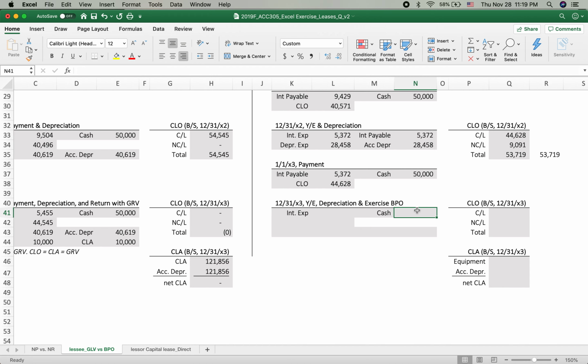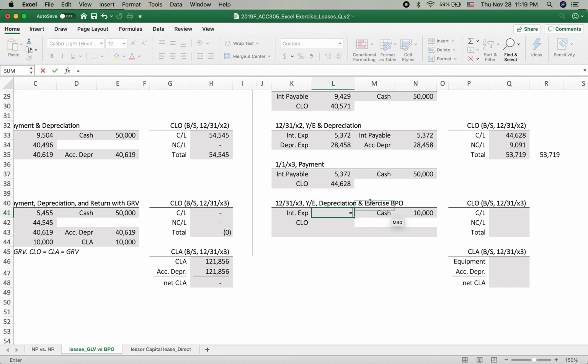But why cash? Right, the lessee exercised the bargain purchase option with $10,000. This $10,000 bargain purchase option should include some interest expense and the capital lease obligation, right?